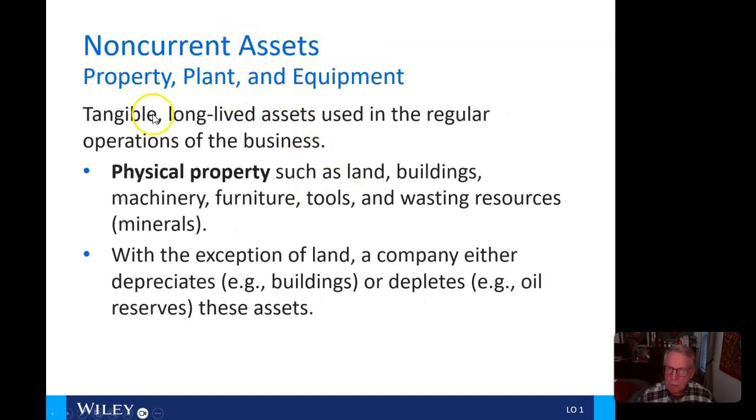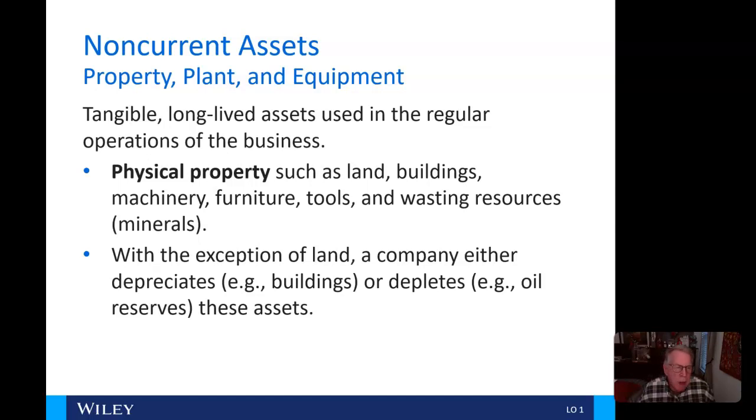Property, plant, and equipment. Tangible, long-lived assets used in the regular operation of the business. These are non-current assets. We have physical property. Those are the easy ones. Land, building, machinery, furniture, that kind of thing.